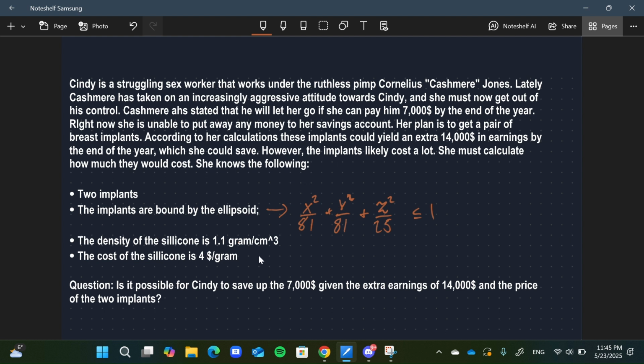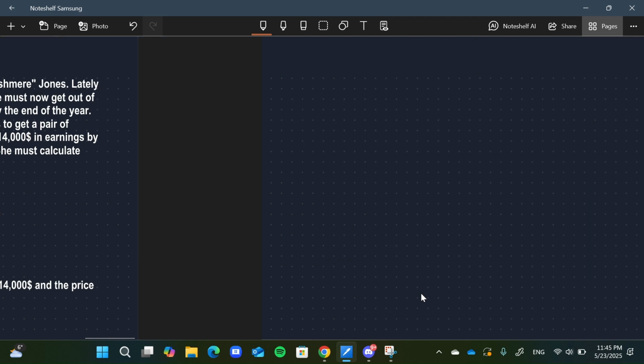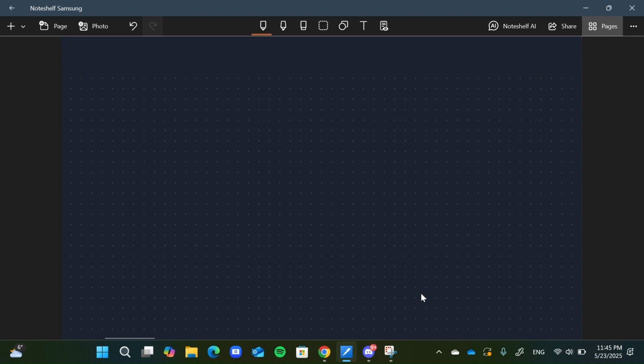The density of the silicone is 1.1 grams per cubic centimeter, and the cost of the silicone is $4 per gram. The question is: is it possible for Cindy to save up to $7,000 given the extra earnings of $14,000 and the price of the two implants, which she will have to pay for? Well, let's get into it and see.